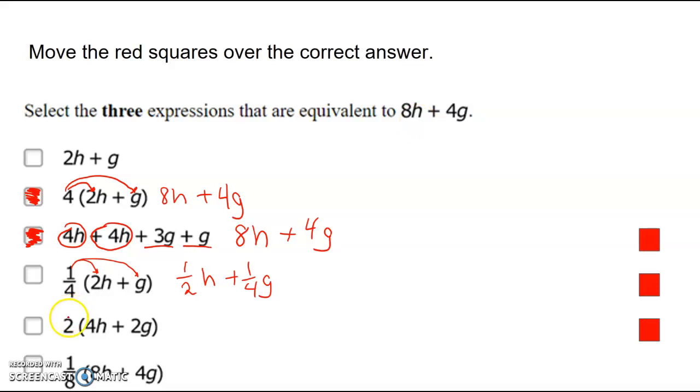I'm going to distribute the 2 to everything here. 2 times 4h is 8h, and 2 times 2g is 4g, which is exactly what I'm looking for. That's my third answer. I could go ahead and distribute this one just to double check. 1/8 times 8h is going to be h, and 1/8 times 4g is going to be 1/2 g, so that's not the answer.